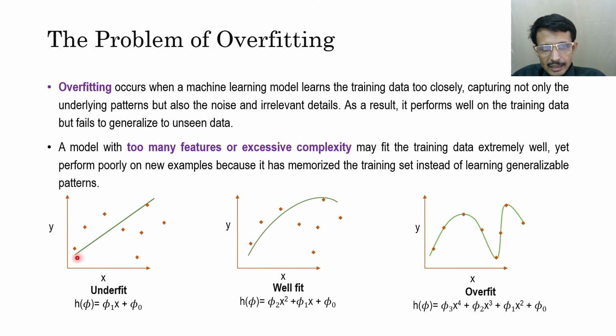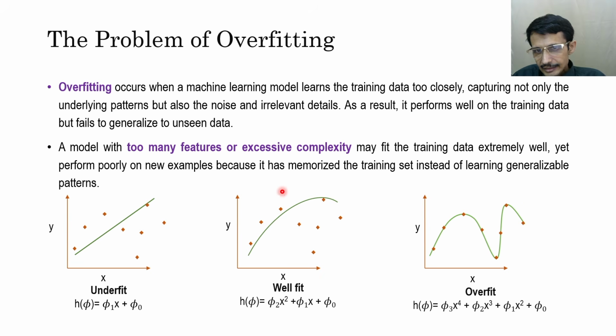It's a very simple model, and it fails to capture the data points very well. So it is definitely not performing well on the training data. Rather, there is some curve. That curve is not that good, but it is more or less better than this straight line. So somewhat well.